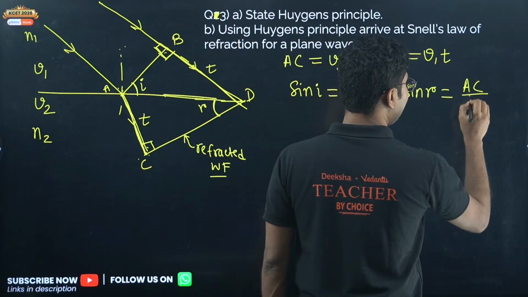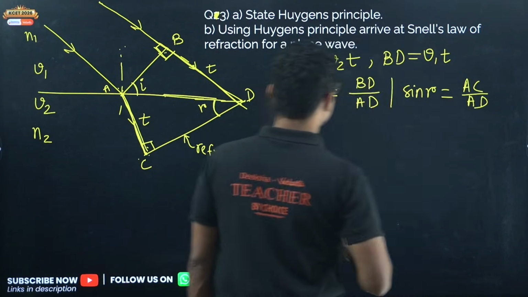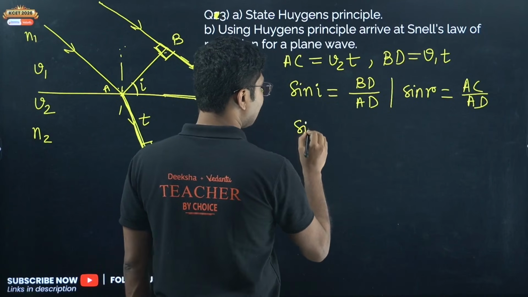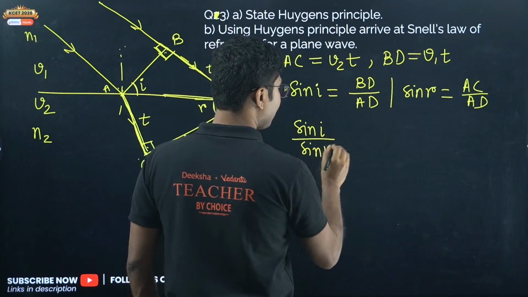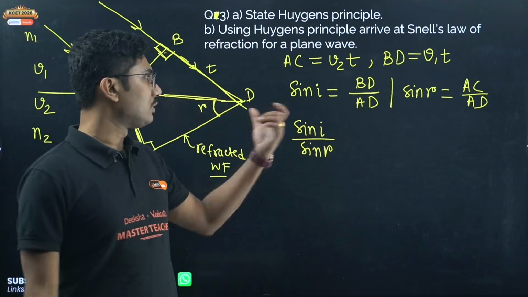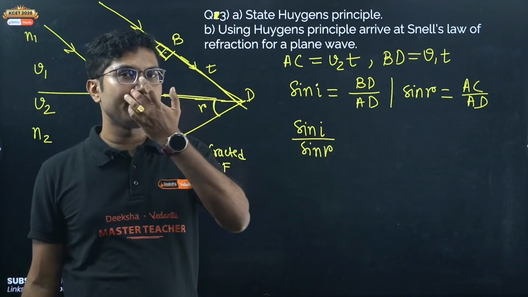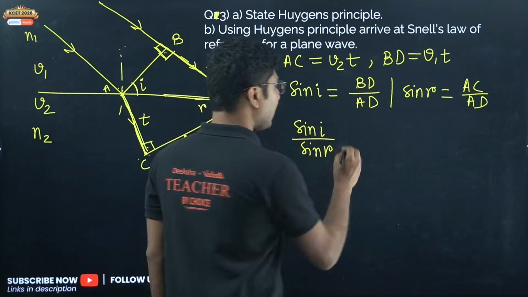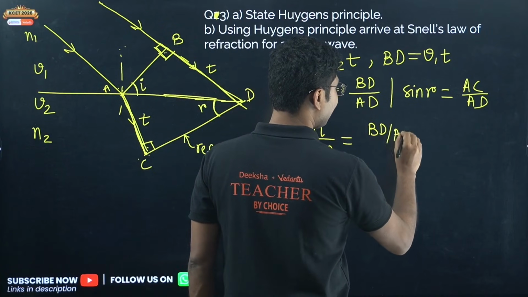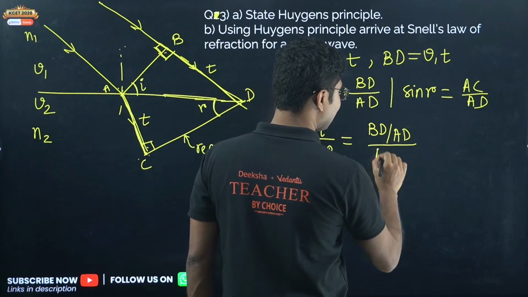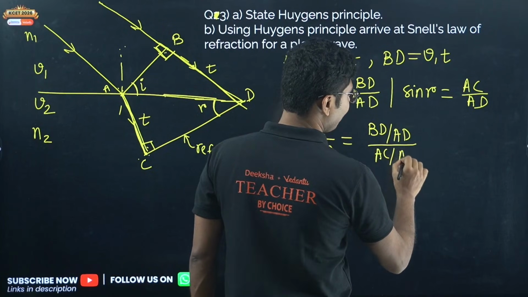Because we already know Snell's law, we are trying to find the ratio sin I by sin R, and we will show that it comes out to be exactly Snell's law. If you had no idea about Snell's law, this derivation could be difficult. So sin I divided by sin R is BD by AD divided by AC by AD.